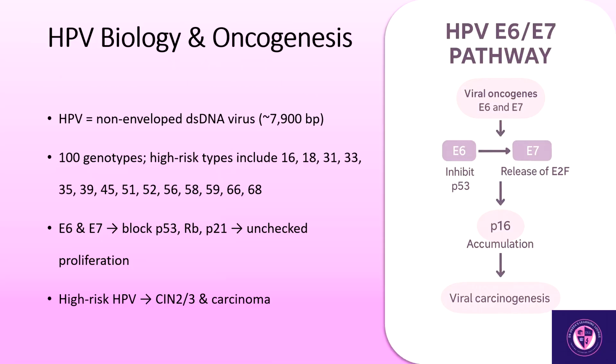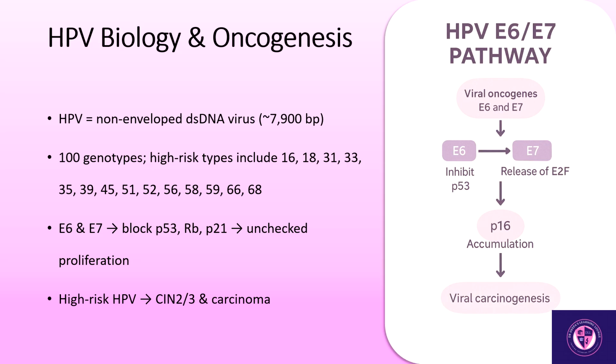To begin with, let's first understand HPV at its biological level and the pathogenesis of what it does to cause a cervical intraepithelial neoplasia. HPV is a double-stranded DNA virus consisting of about 7,900 base pairs. It is extremely common, in fact the most widespread sexually transmitted infection globally, with more than 100 HPV subtypes already detected.